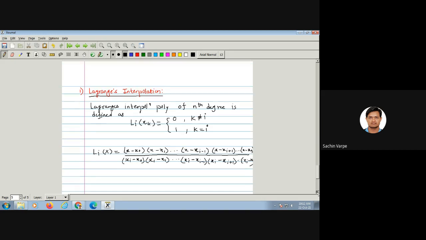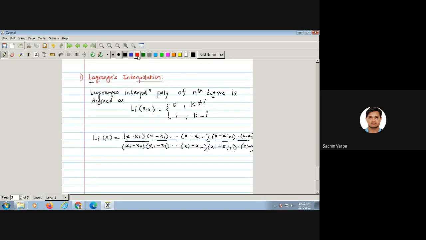Because here we have excluded one term, which is that term x minus xi. Why? Because when this i coincides with this i, the value will be 1 there, isn't it?